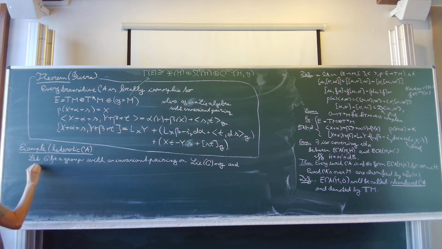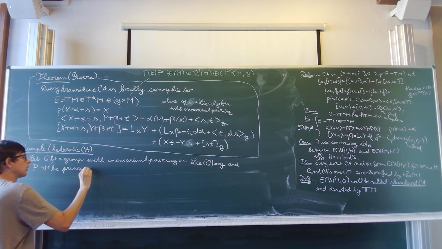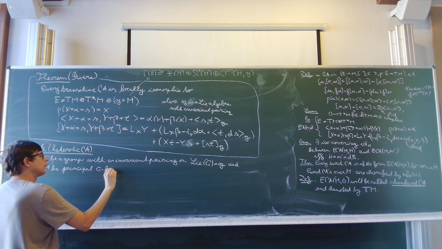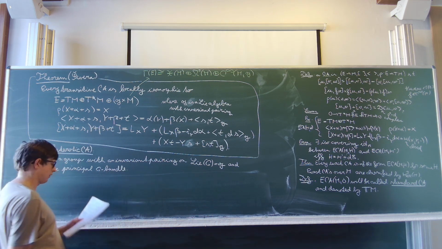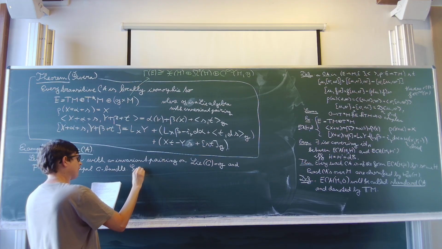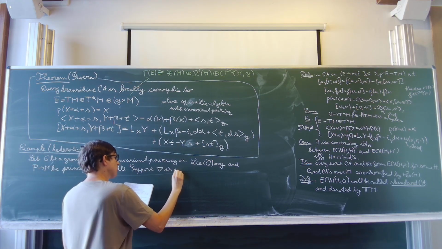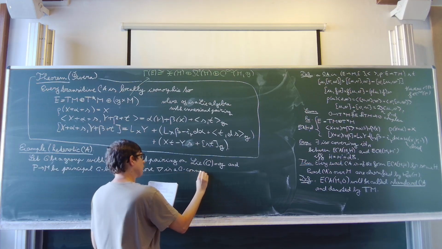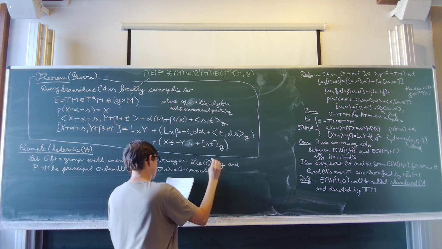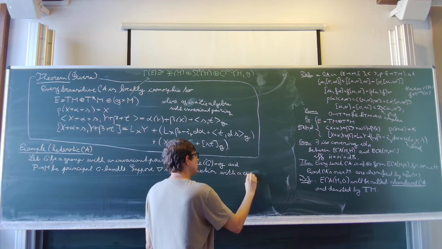And consider a principal G-bundle. And now, final thing, suppose nabla is a G connection, with a curvature.